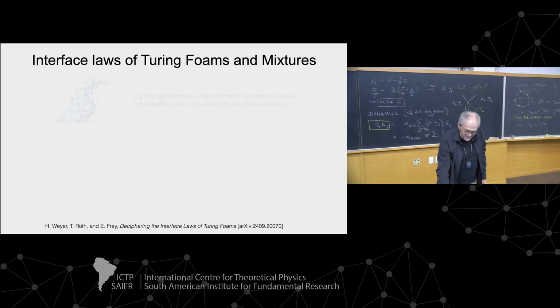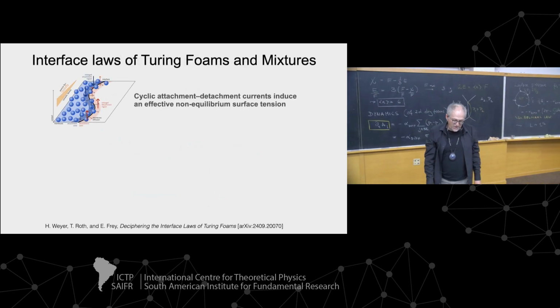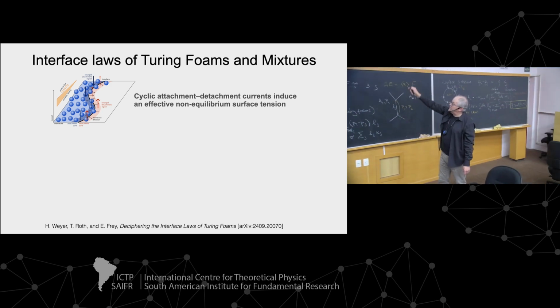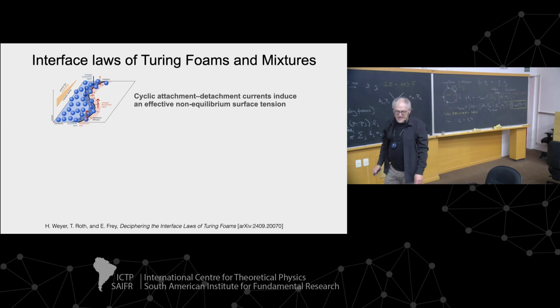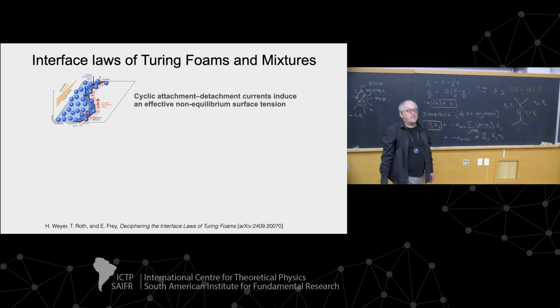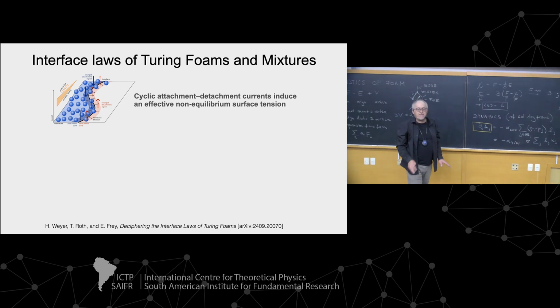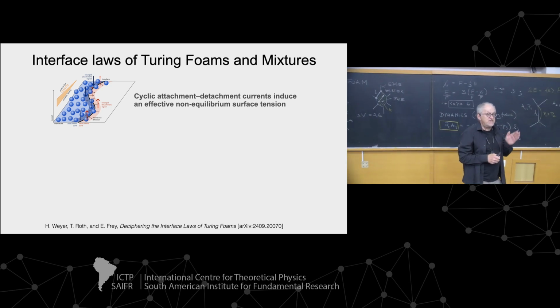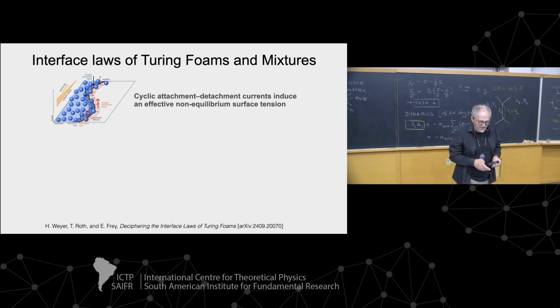So what are the interface laws of Turing foams and mixtures? This is my summary. One point of the story is that cyclic attachment and detachment currents induce non-equilibrium surface tension. And as said, I think this is rather general, because it's just based on the fact that you have non-equilibrium currents localized at the interface.